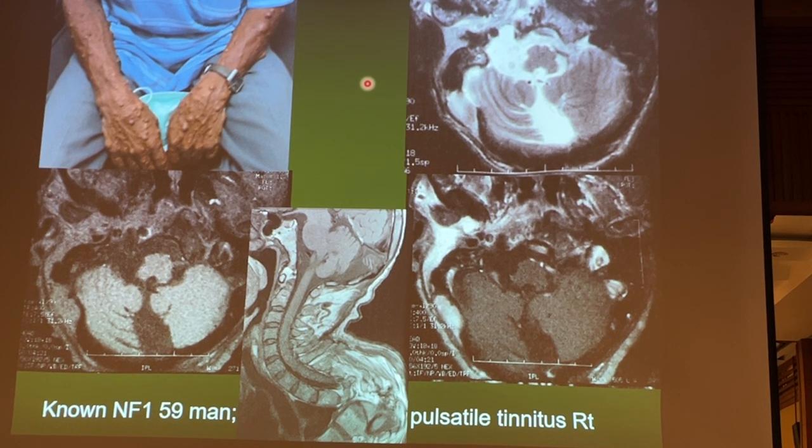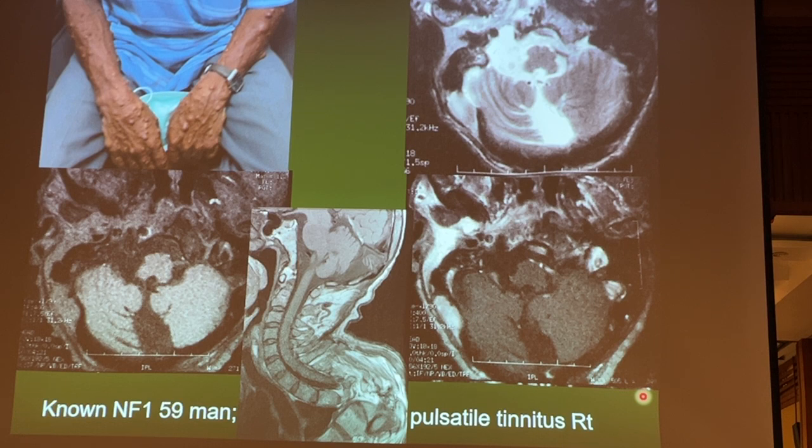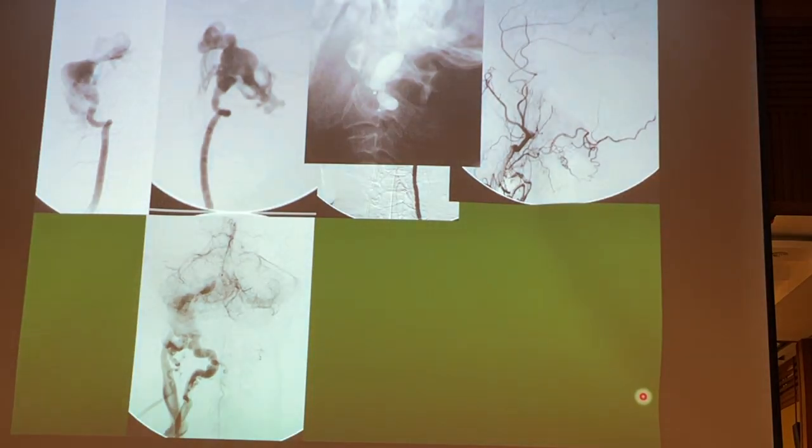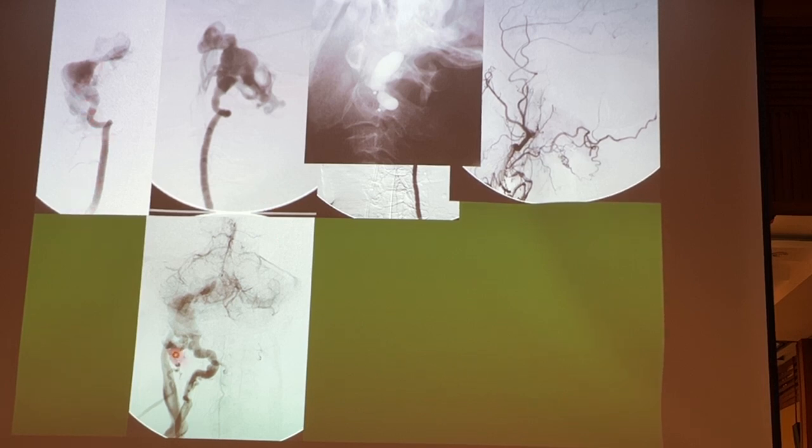So the skeleton changes are very classic also for this type of patient. So you will see that he comes with a pulsatile tinnitus, and we were able to see the gigantic opening venous pouch over there, and this is what he has in this right vertebral artery injection.